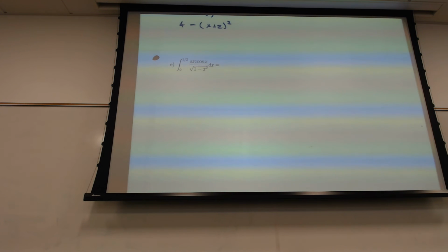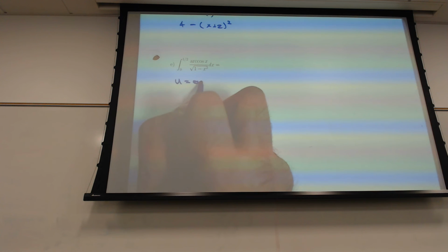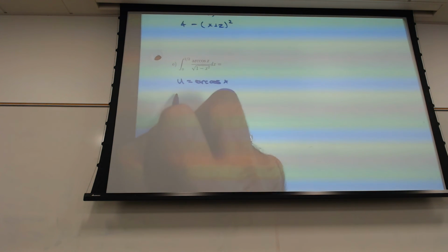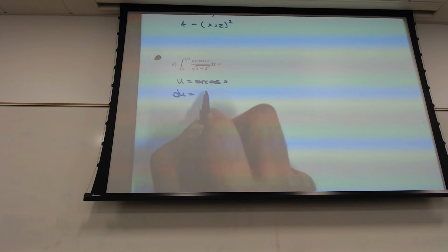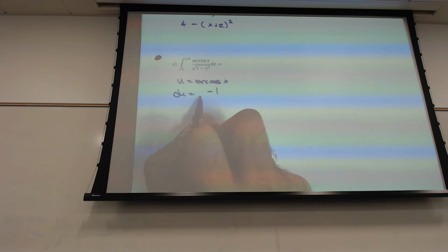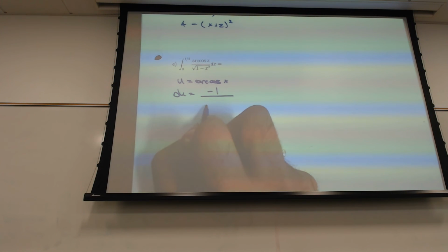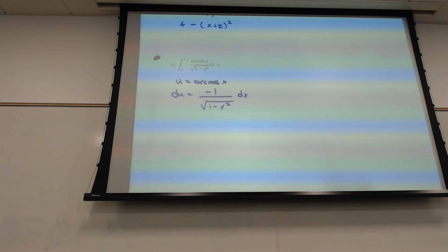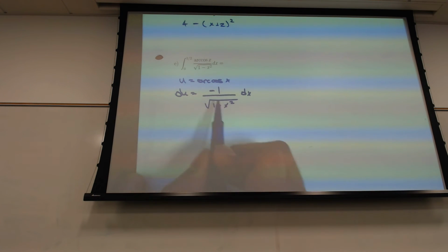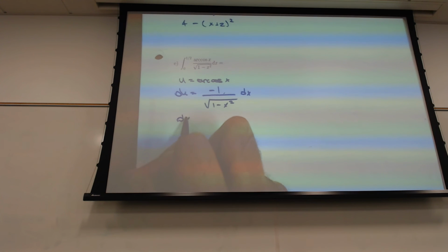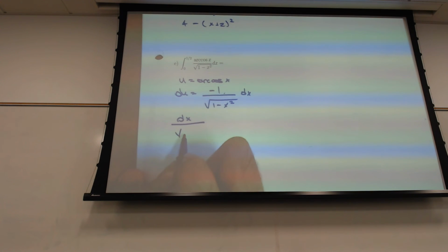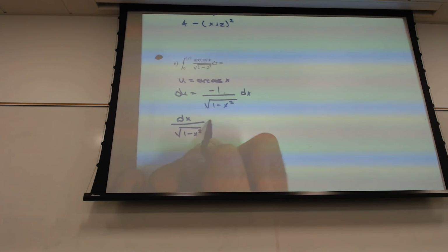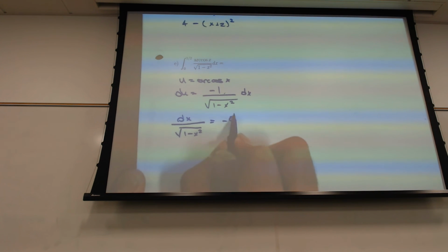So number one, u equals arccos x, and du equals the derivative of arccos. Keep in mind that that one is negative: negative 1 over the square root of 1 minus x squared, dx. And in fact, that's what we have. So dx over the square root of 1 minus x squared is equal to negative du.